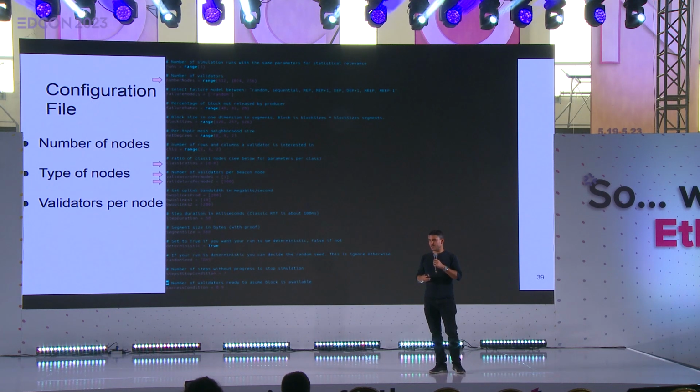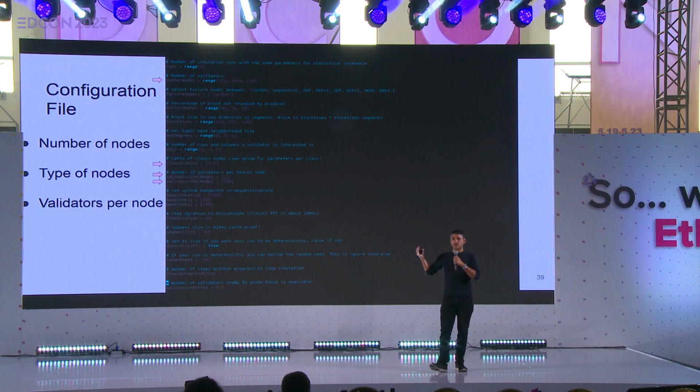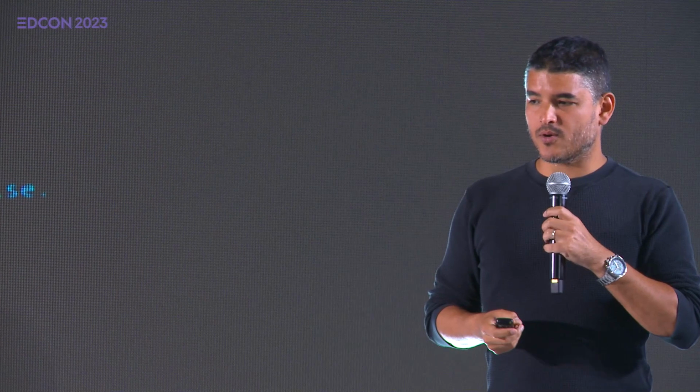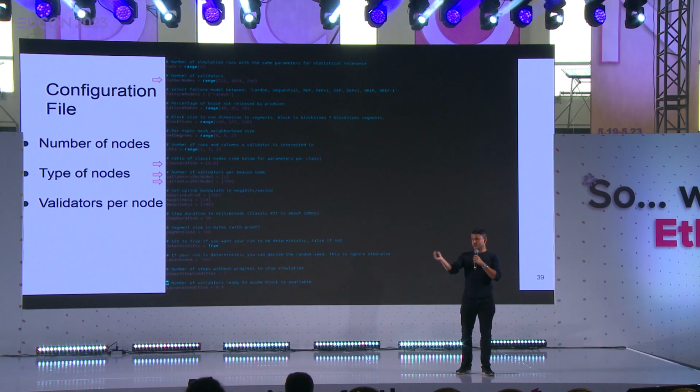And then you have the really large nodes that are probably staking pools that have maybe hundreds of validators, great internet bandwidth, and great hardware resources. And then you can also configure how many validators you want to set behind each one of those nodes.